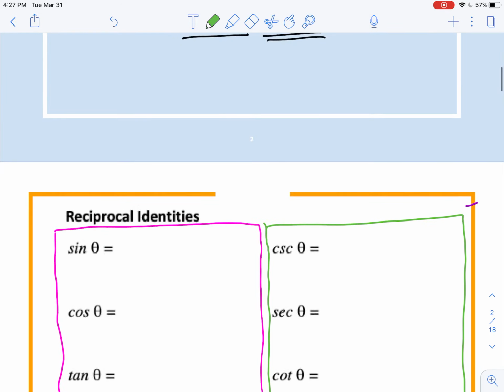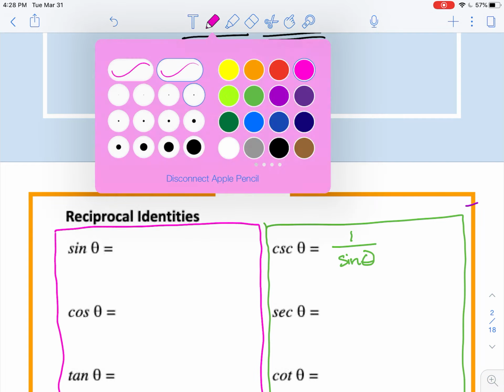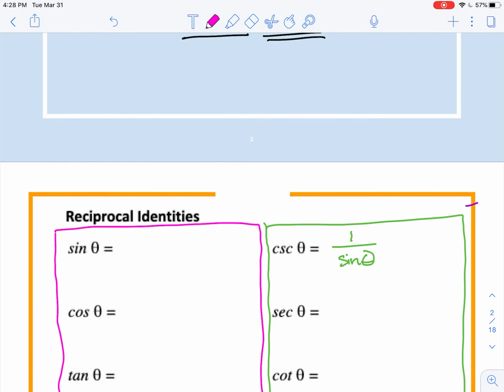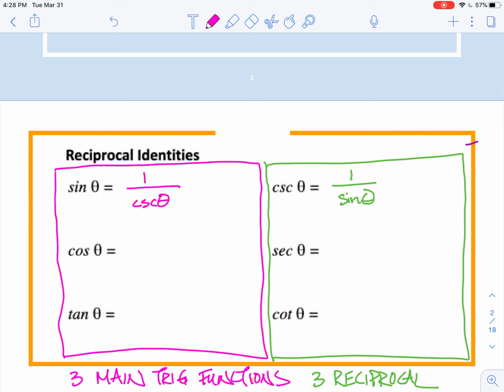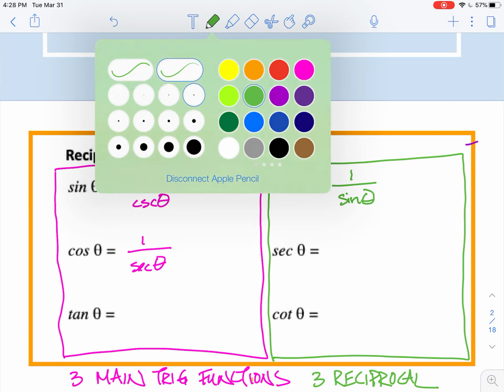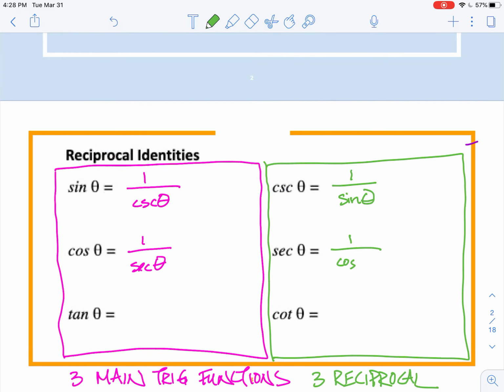And so it's already right here that you know some of these reciprocal identities. So we can say that cosecant is actually 1 over sine theta, which means that sine theta is really 1 over cosecant theta. And cosine theta is 1 over secant theta, and secant theta is 1 over cosine theta.